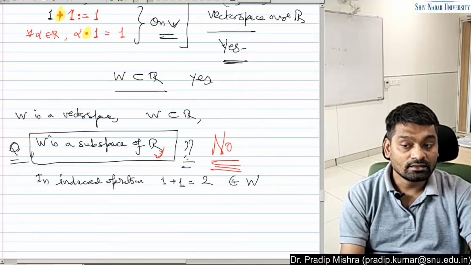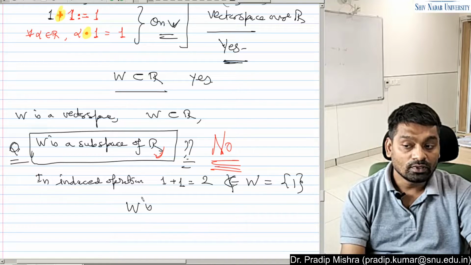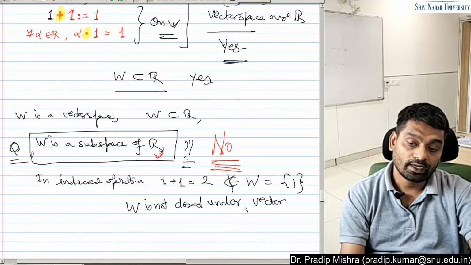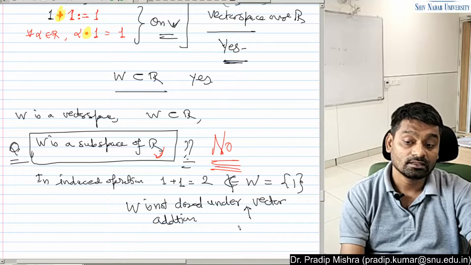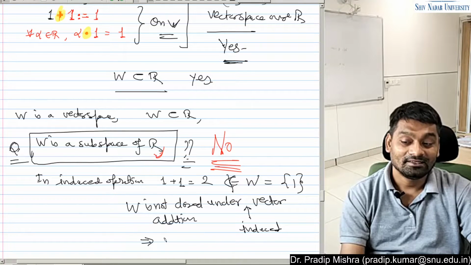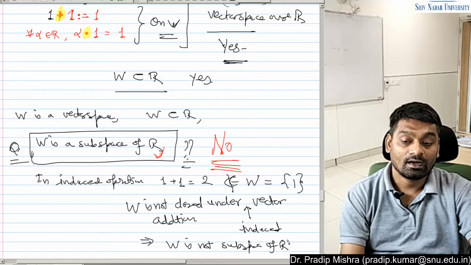This doesn't lie in W, because W is just the singleton 1. Therefore W is not closed under vector addition, induced vector addition. This implies W is not a subspace of R comma plus comma dot.